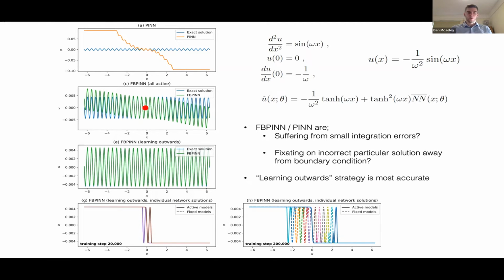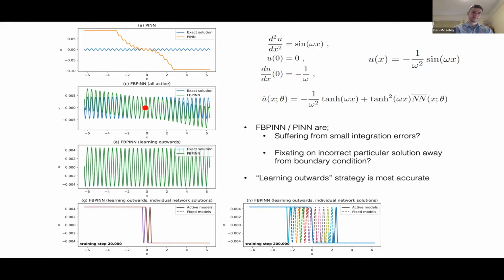I'm still not sure of the reason why the all-active training scheme doesn't converge as well. One hypothesis I have is that it's fairly plausible that, far away from the boundary conditions, PINNs or FBPINNs can fixate on a different particular solution of the differential equation, because it's so far away from the boundary that the information hasn't been communicated across.